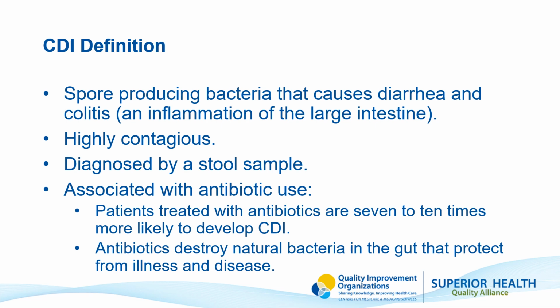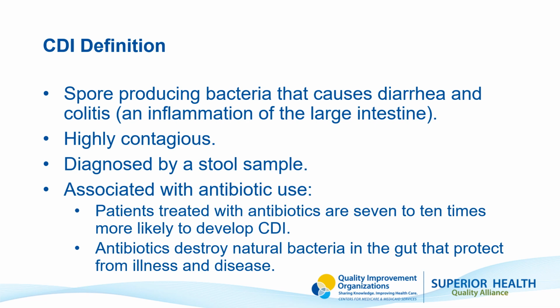CDI is a spore-producing bacteria that causes diarrhea and colitis, which is an inflammation of the large intestine. CDI is highly contagious and is diagnosed by obtaining and analyzing a stool sample. CDI is associated with the use of antibiotics.